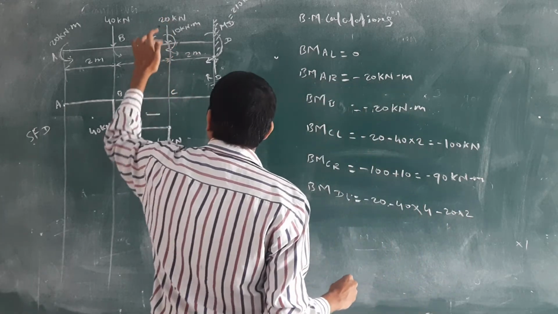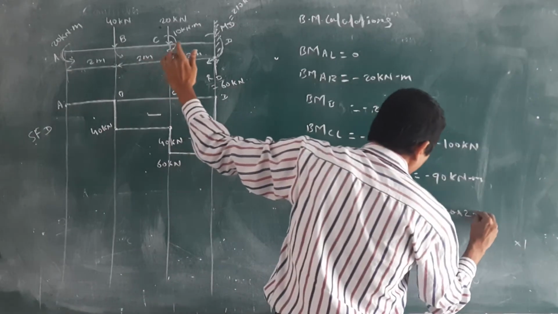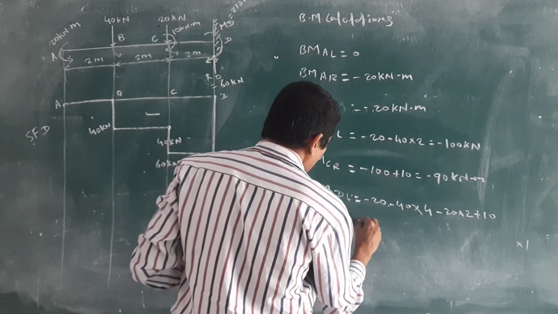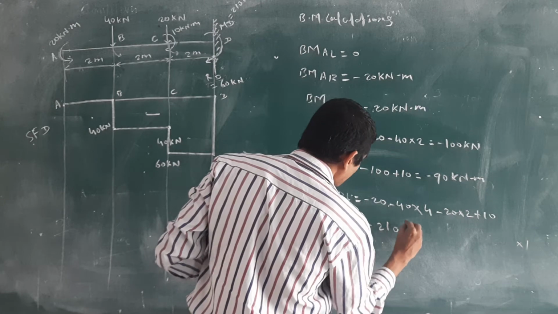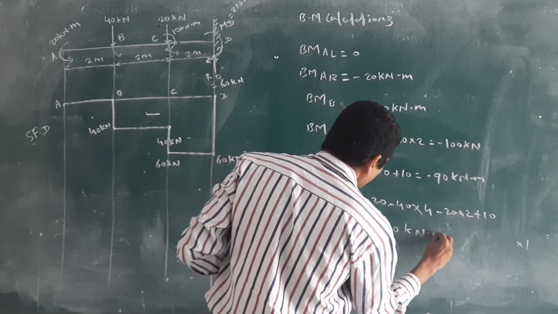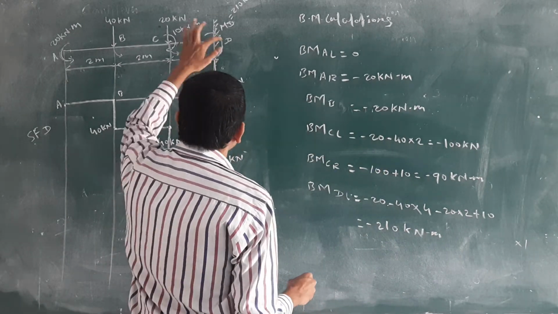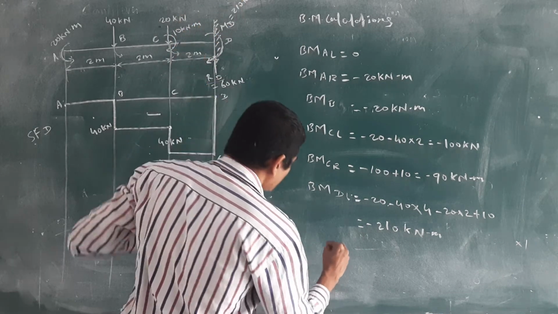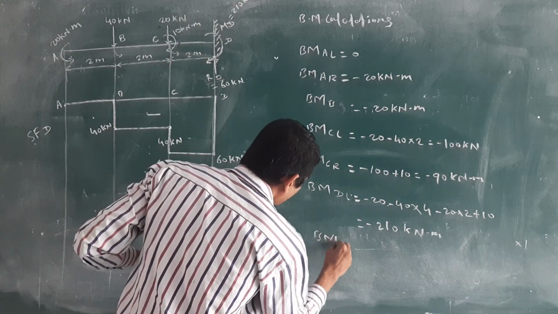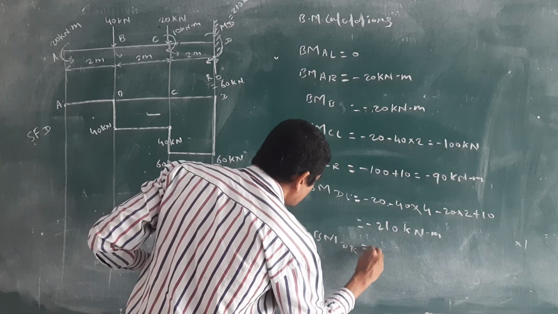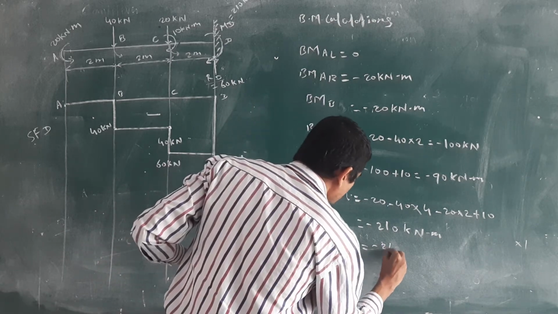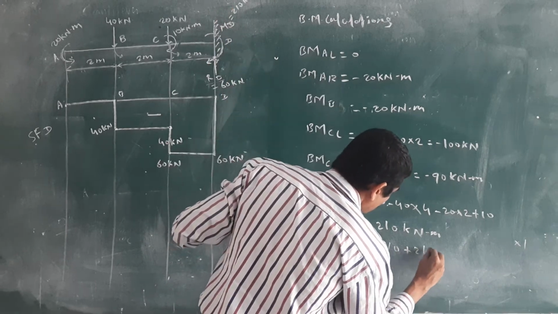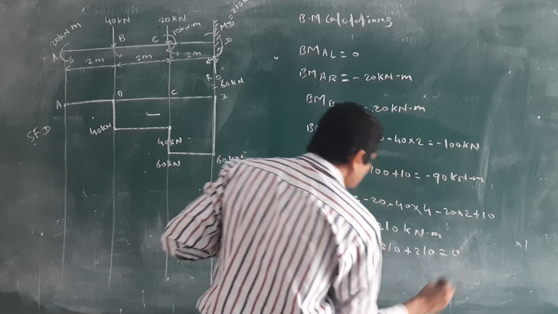This plus 10 clockwise moment. Plus 10 clockwise moment. You will get minus 210 kilonewton meter. Okay, and already we have calculated MD is 210. Bending moment at D, just right side, this minus 210, and plus 210 coming from that side, then you will get 0.